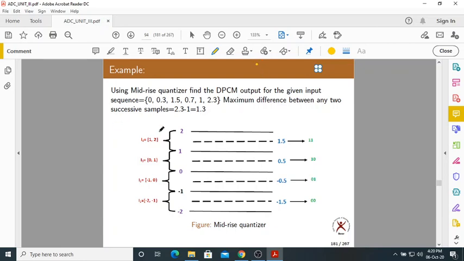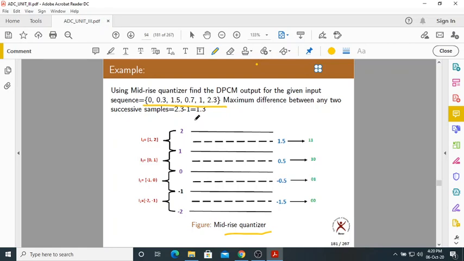Let me take a simple example. I have these samples, and for explanation purposes I am assuming they are highly correlated. If you use DPCM, what will happen? This is the quantizer, a mid-range quantizer.